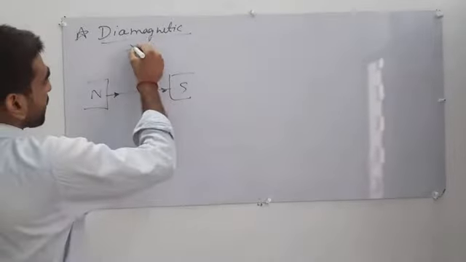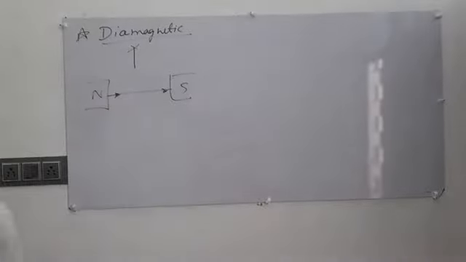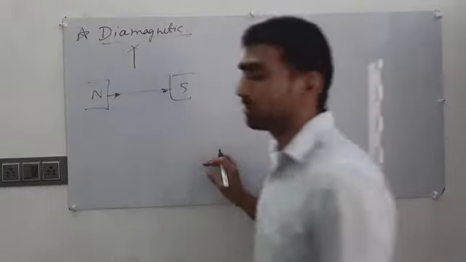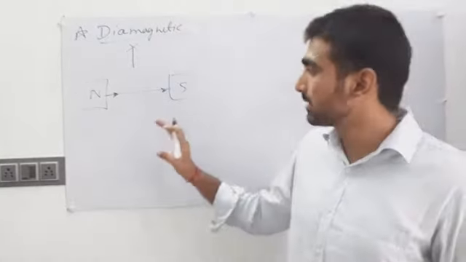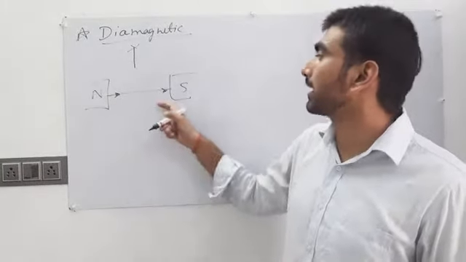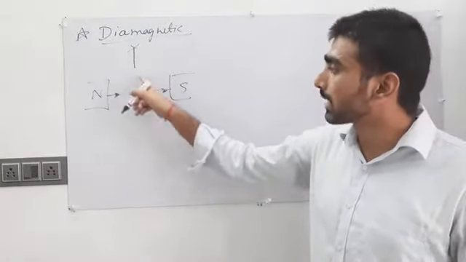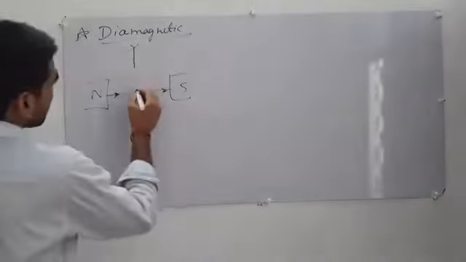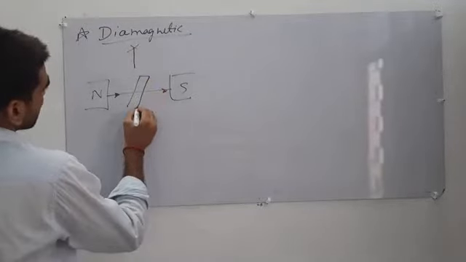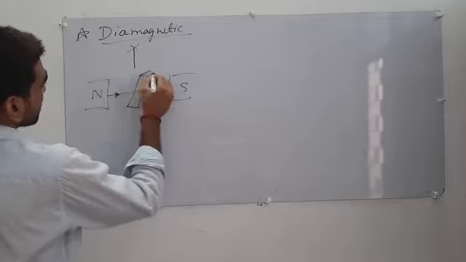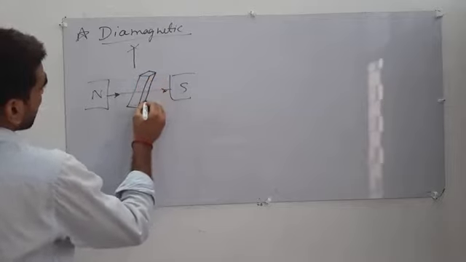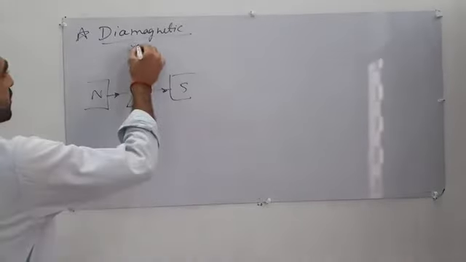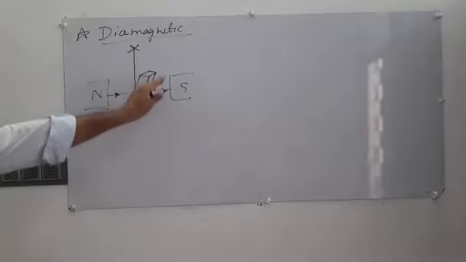If I suspend a diamagnetic material, it aligns itself with its minimum axial portion related to this magnetic field. That means it aligns itself making a right angle with this magnetic field, like this. This is the freely suspended diamagnetic material.